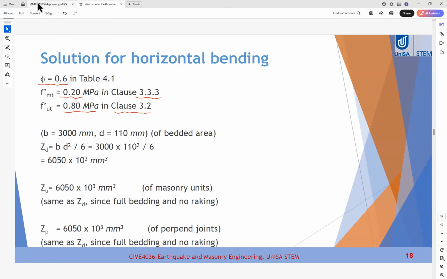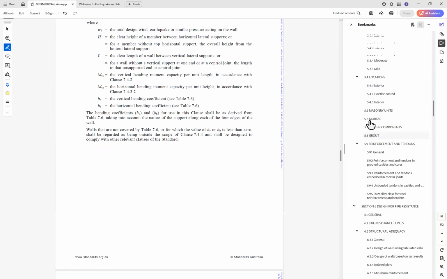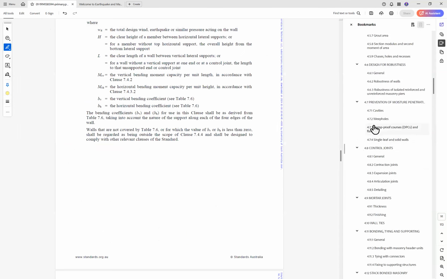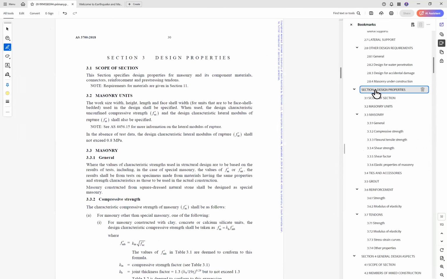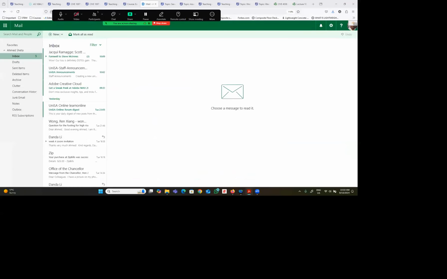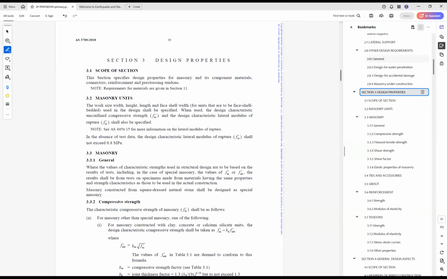We can have a quick look at the standard. Can you see the standard now? Section 3 gives us some of the design properties. Guys, can you still see my screen? Yes, sir.